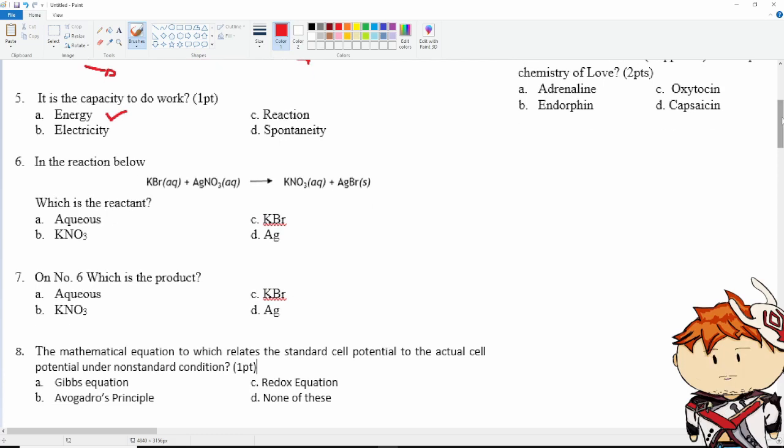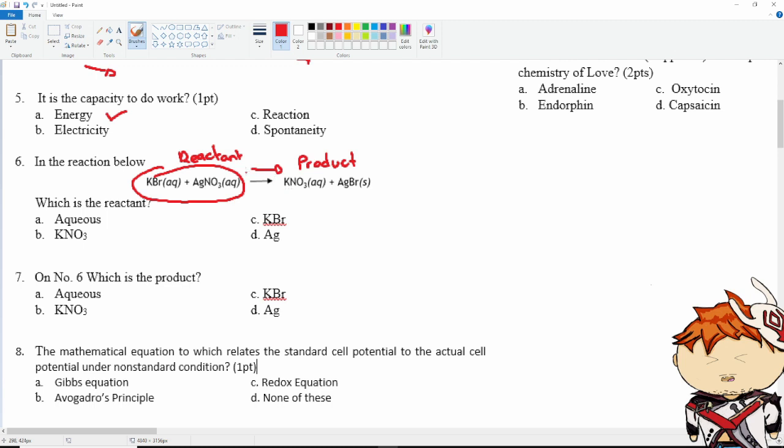Capacity to do work. In the reaction below, KBr plus AgNO3 gives KNO3 plus AgBr, which is the reactant? Obviously, this left part is the reactant. I'm sorry for saying obviously, but in an equilibrium reaction, the left goes to the right. What happens to the left becomes the right.